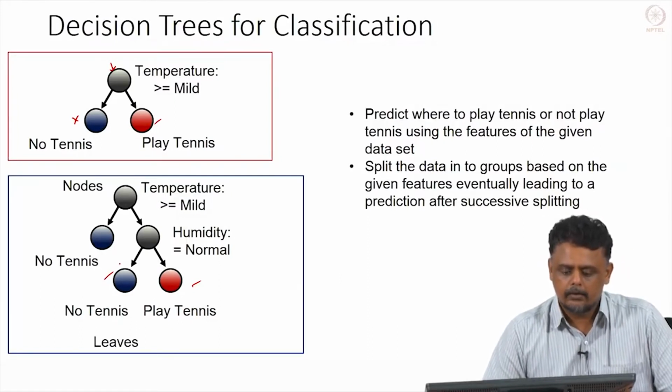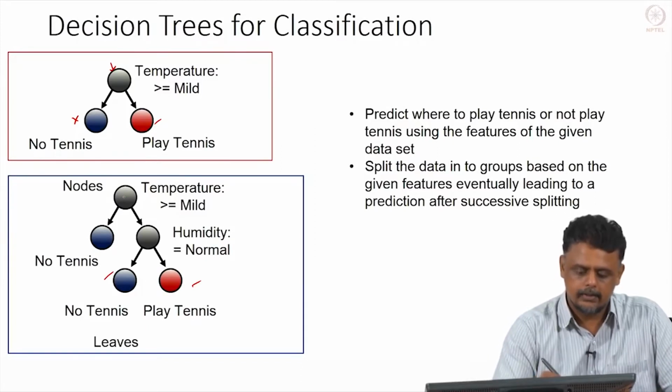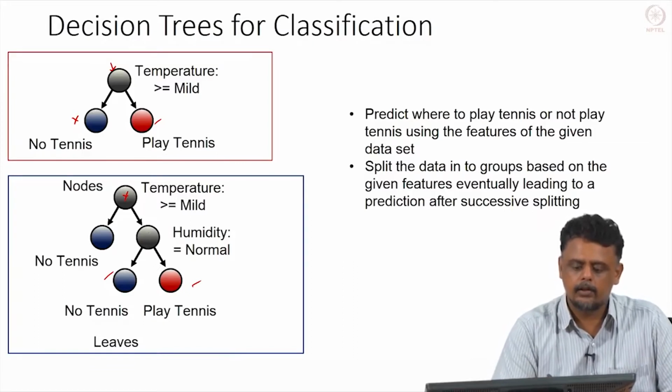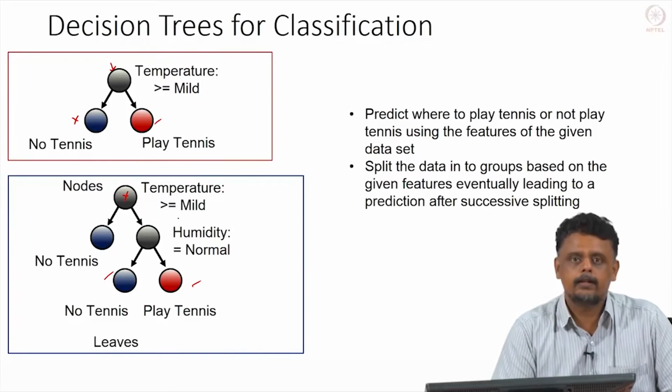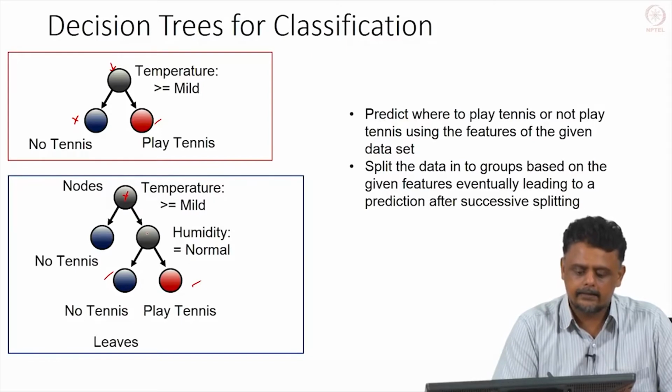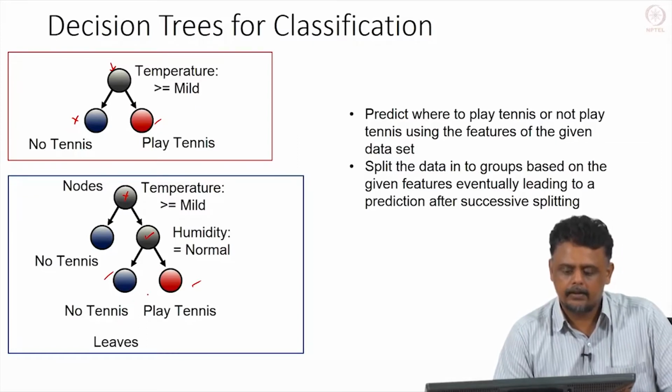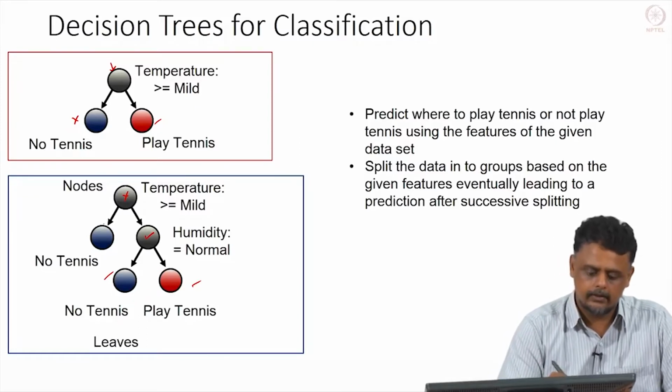Now, remember that we start at this node with all the data, okay, and as we split the data based on this condition on temperature, we will take all the data points in our data set where the temperature is greater than or equal to mild and assign it to this node, and all the data points where the temperature is cool, we will assign it to this node, right.